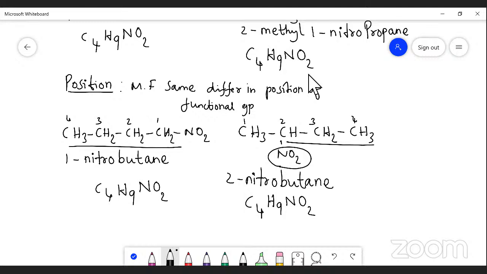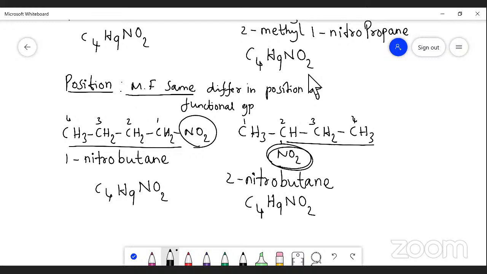So if you compare these two compounds, they have the same molecular formula. Whether the functional group is also the same. The functional group is also the same. But what about the position of the functional group?